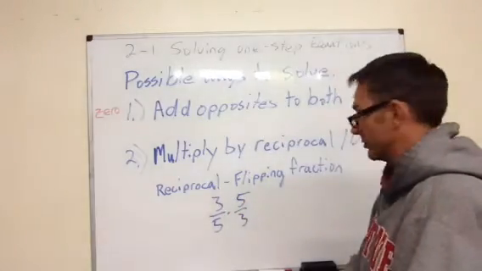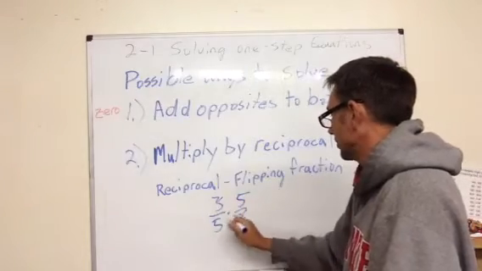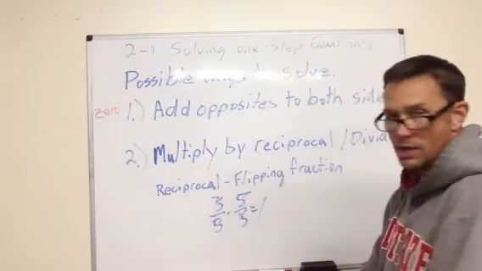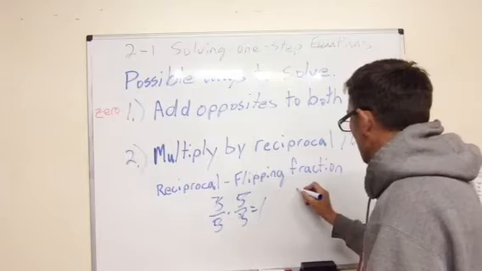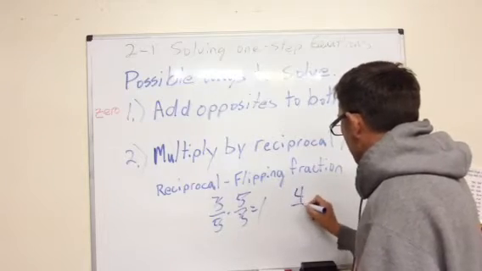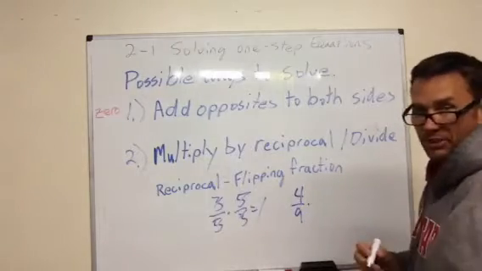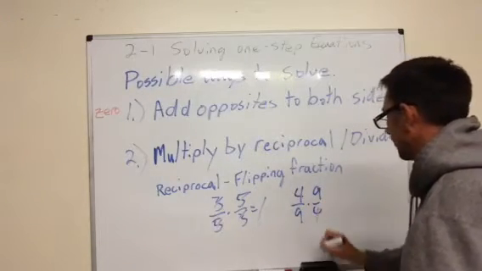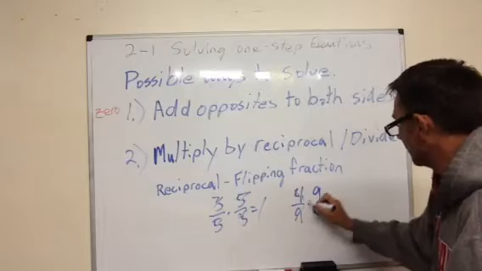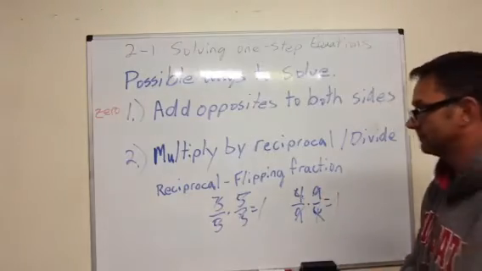Guess what that equals? 3's cancel, 5's cancel, it equals 1. The reciprocal of 4/9 is, flip the numbers again, 9/4, 4's cancel, 9's cancel, it equals 1.